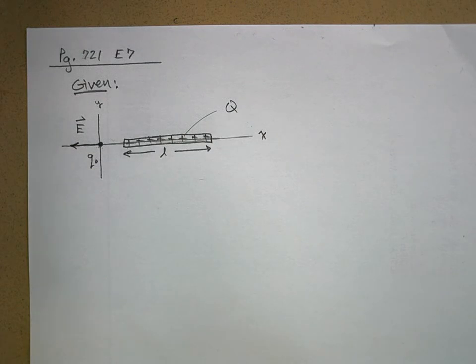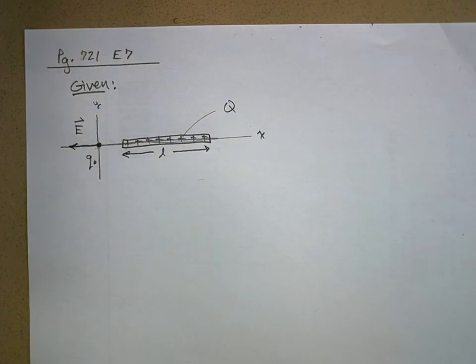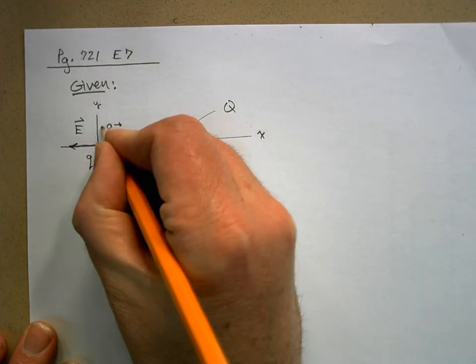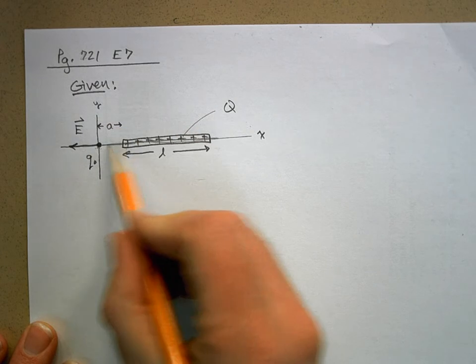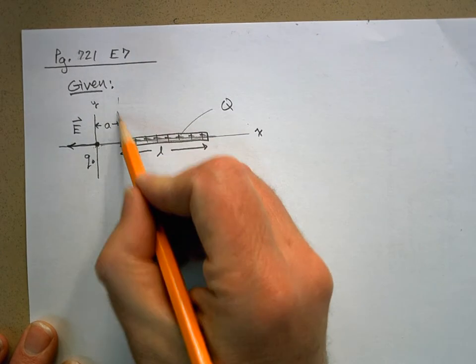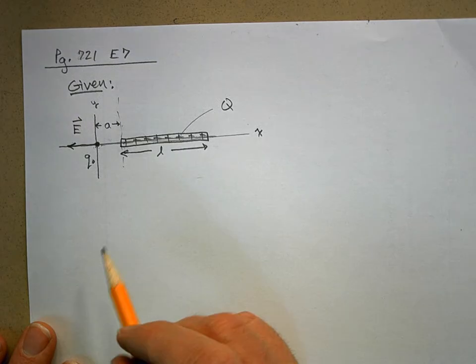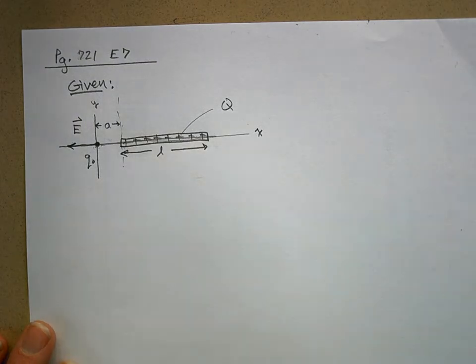Force divided by charge is electric field. Okay? And then we also said that we're going to make this distance A. It's a distance A from here. And we want to know, what is this?